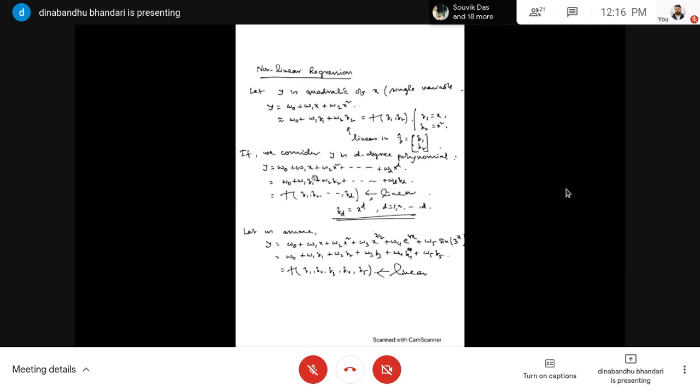So any nonlinear function can be considered as a linear function of a separate space. Now let us assume the function is not a simple quadratic or a d-degree polynomial function, it is a combination of something like this. Now you see, this is x, this is x squared, this is x to the power something, e to the power 1 by x, sine of 3 to the power x. X is z1, x squared is z2, x to the power 3 by 2 you can always calculate as z3, e to the power 1 by x, or 4x, is z4, sine of 3 to the power x is z5.